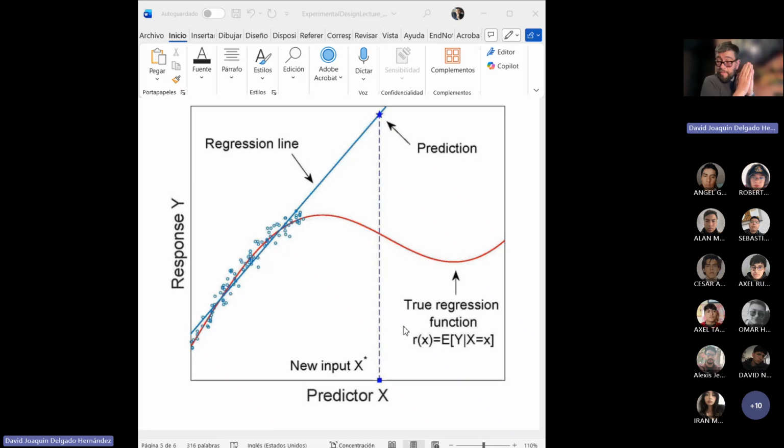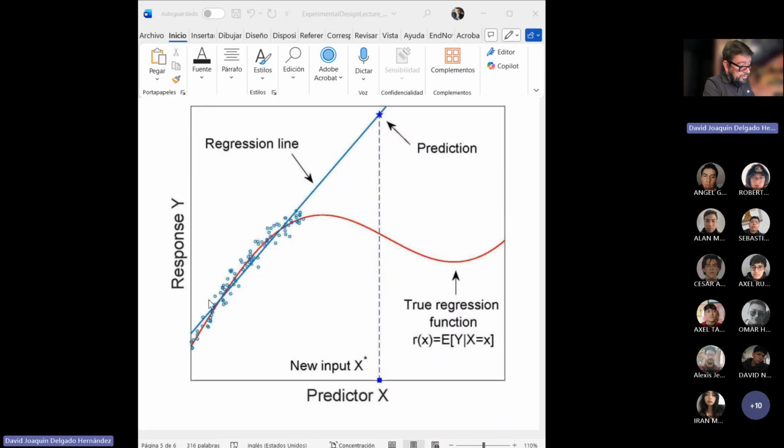But when I have more points, for instance 15 degrees, then 30, then 45, then 60, and so on, I can see this is a curve, okay? It could be the true regression function, and the prediction is no longer up here, but in this point, okay?